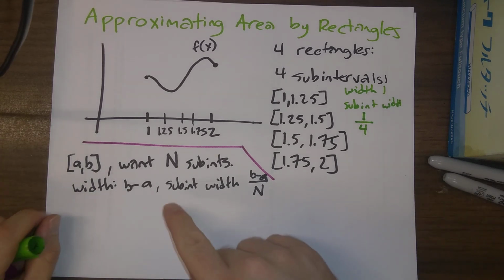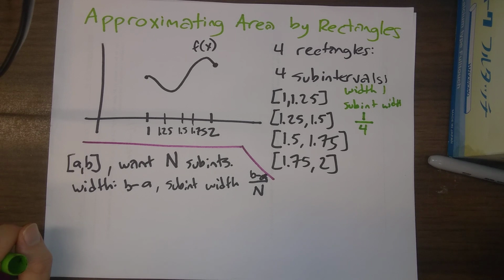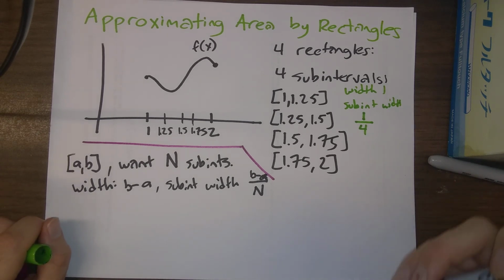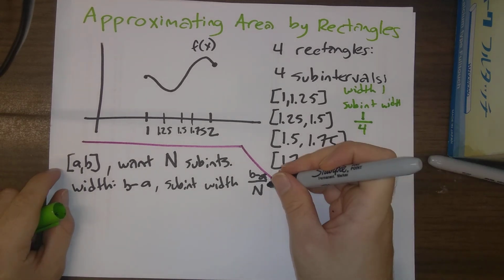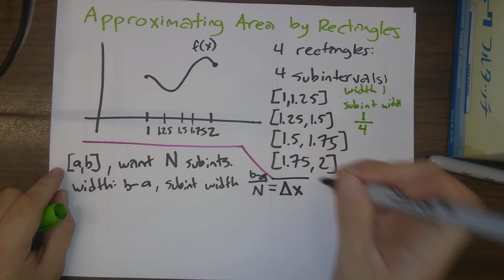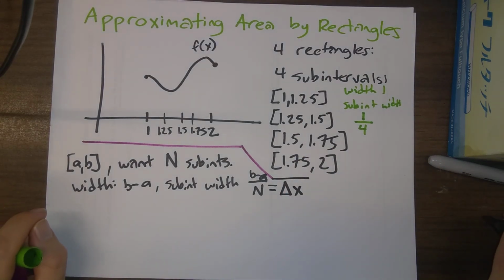Now we can also go further and say what the right endpoints of the intervals are. It's helpful to use notation: b minus a over n, call that delta x.